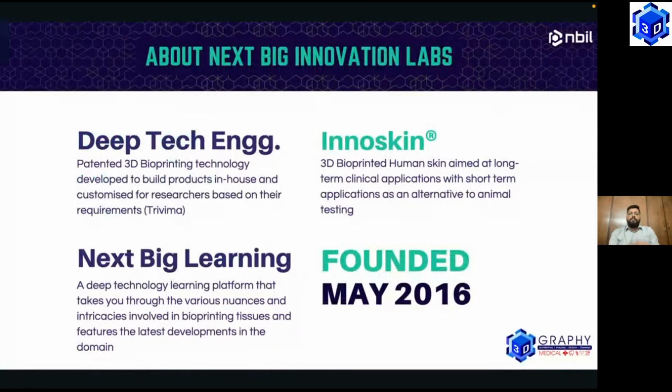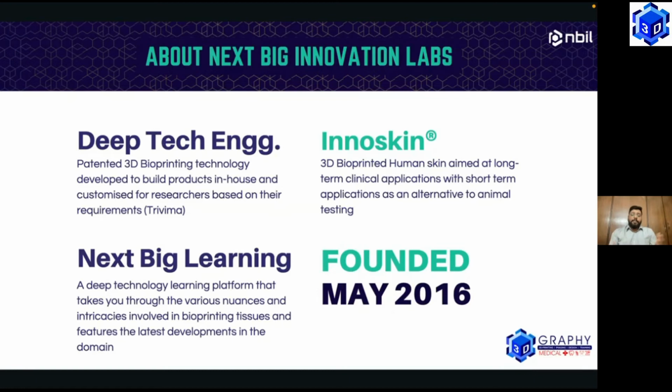But even before that, we were having a lot of discussions with experts in the field. We started up initially by building out the technology, basically building out the bioprinters themselves. When we started out, we had to buy one from outside India, and we didn't have that much money in our pockets at that point in time.